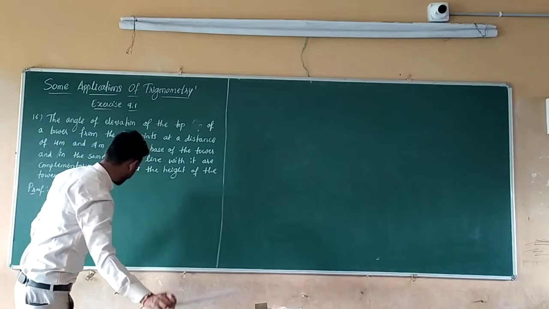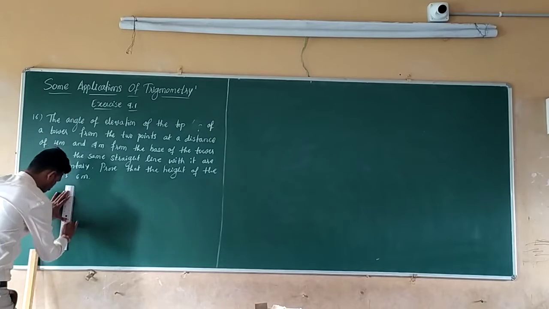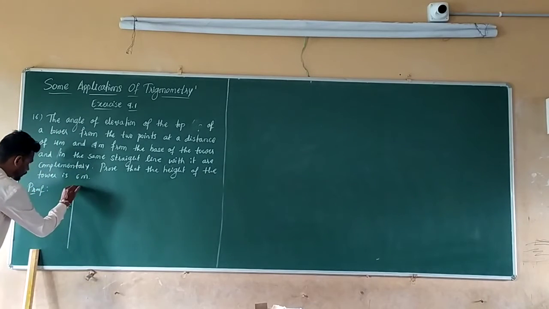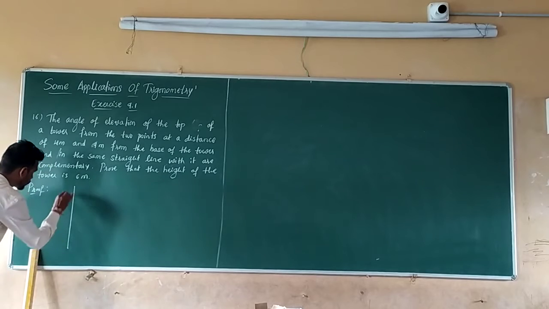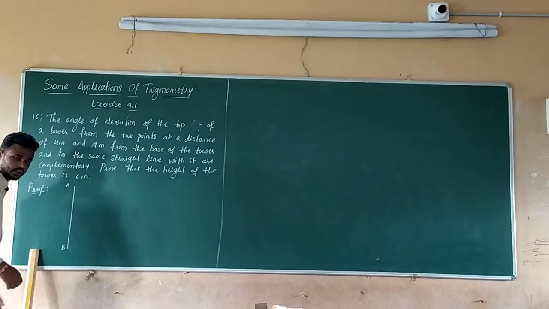So let us see here. It is a tower, and AB be the height of the tower.